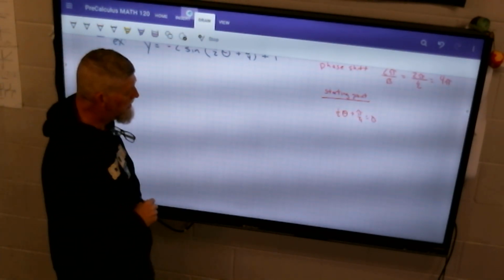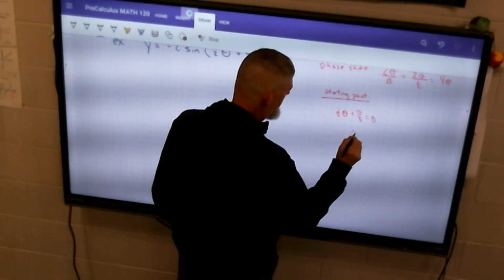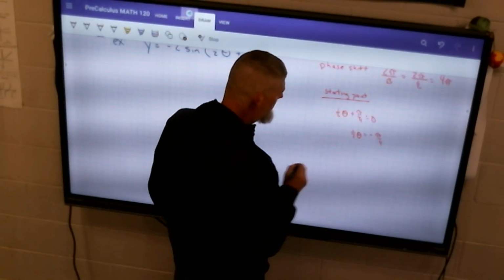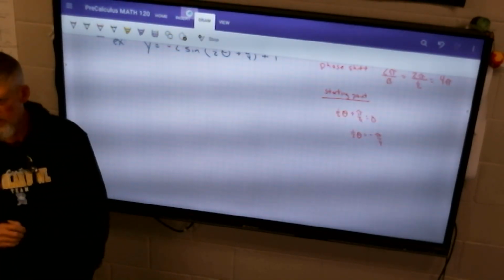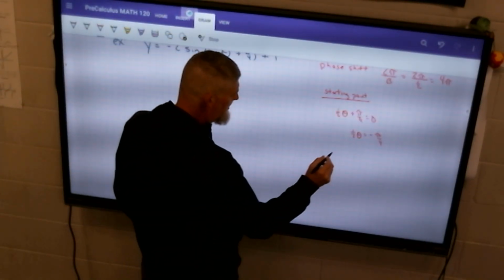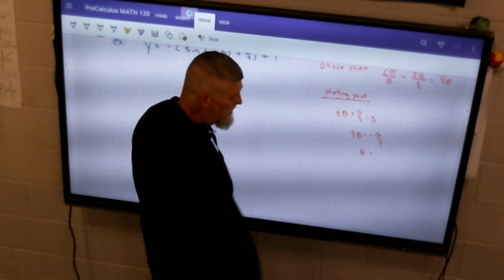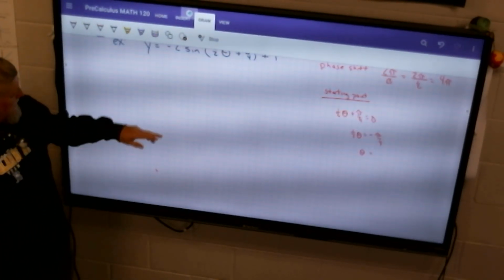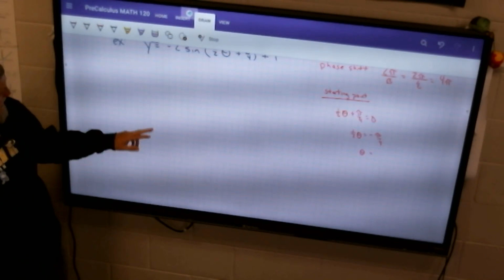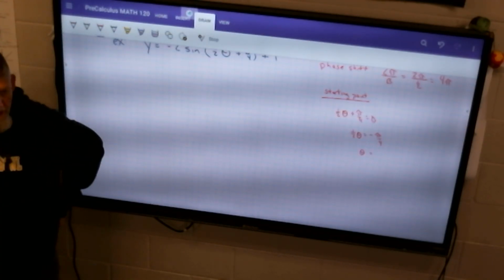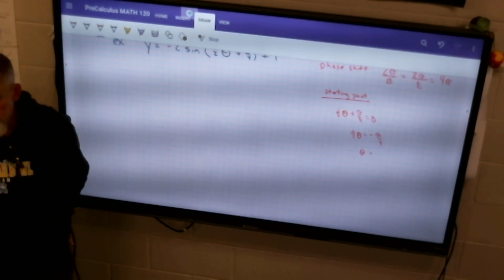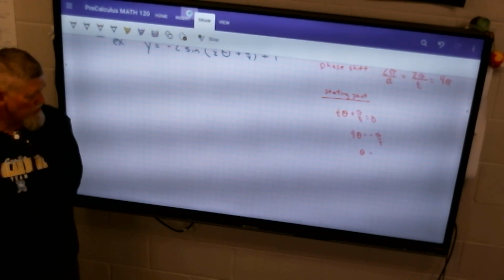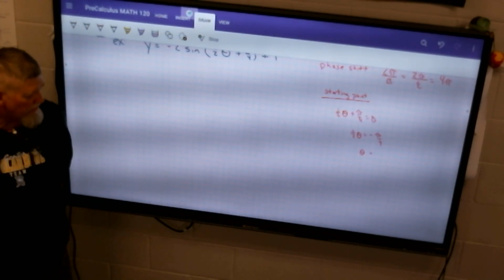So where's my starting point going to be? 1/2 theta equals negative pi over 4.